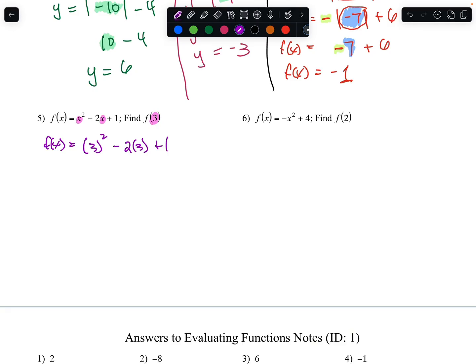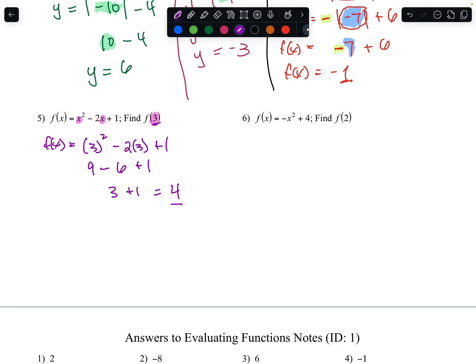So anytime you have something squared, it's multiplied by itself. So 3 squared is 3 times 3, that's 9. Minus 2 times 3 is 6, plus 1. 9 minus 6 is 3, plus 1. So the answer here is 4. So when I input 3, my output was 4.